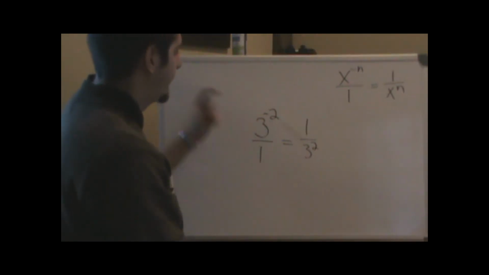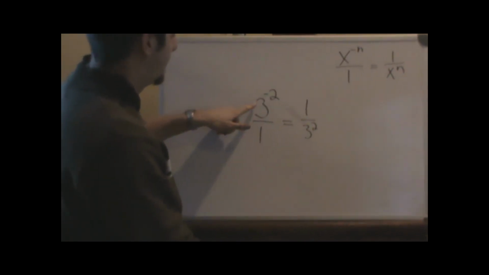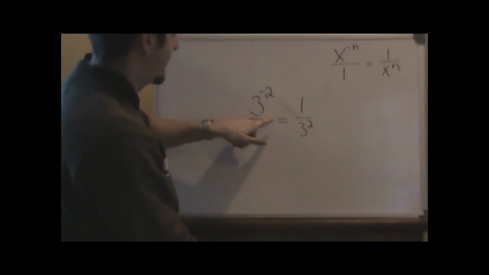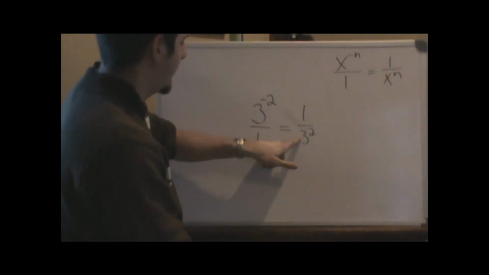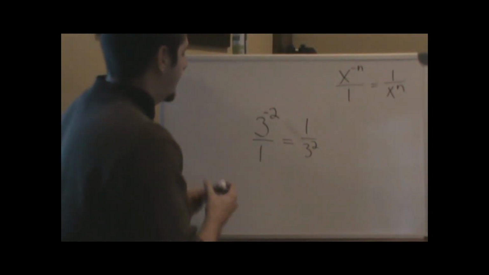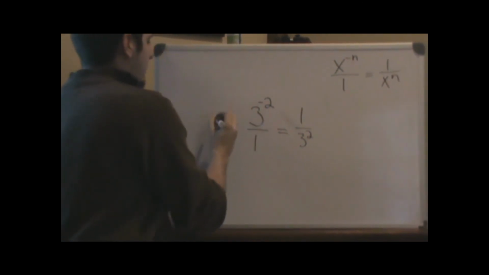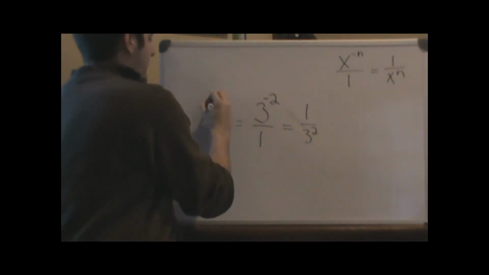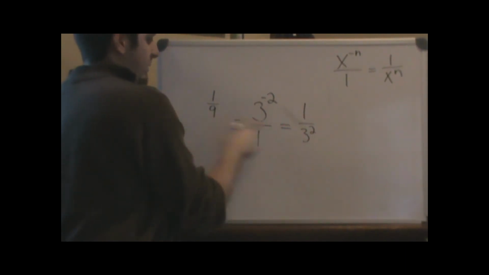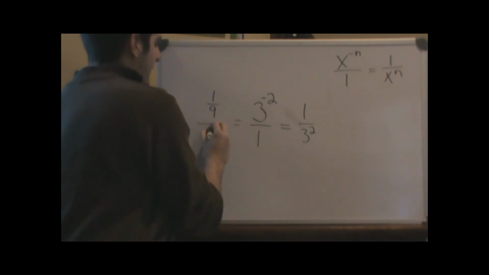You can then say, well, if 3 to the negative 2 is equal to 1 over 3 to the second, then we can replace this 3 to the negative 2 with 1 over 9. 9 is 3 to the second power, divided by 1.